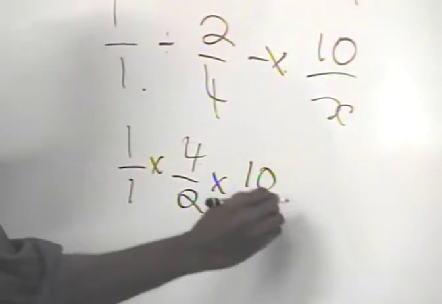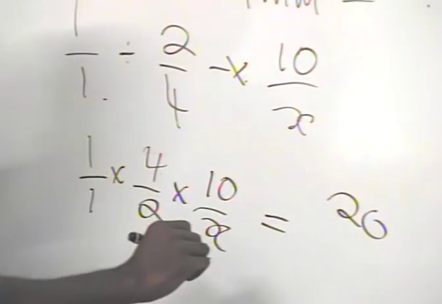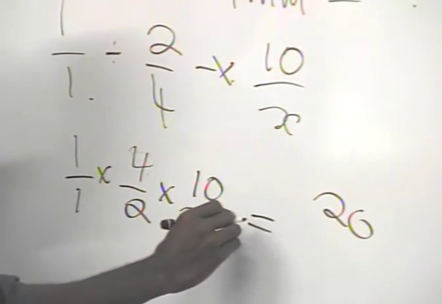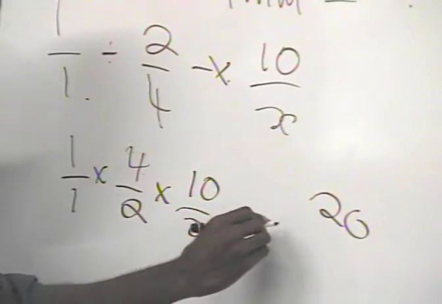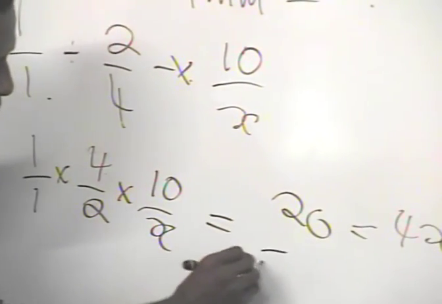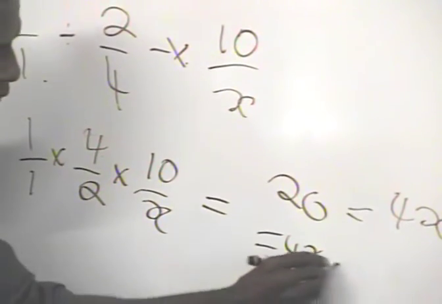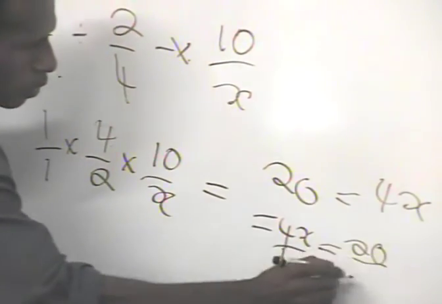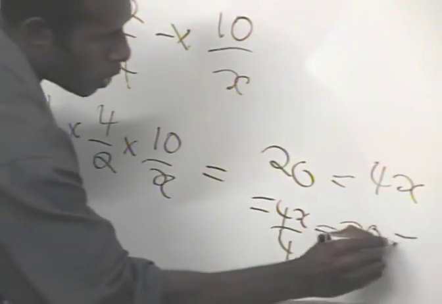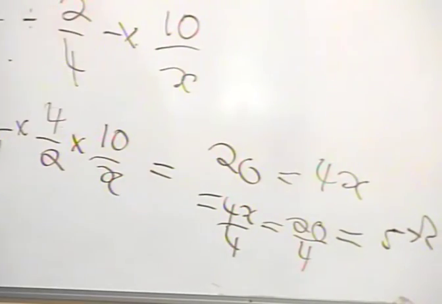We can have this equals to 20, equals to 4x, and then when you want to find x, it will be 20 over 4. So the answer will be 5 ohms.